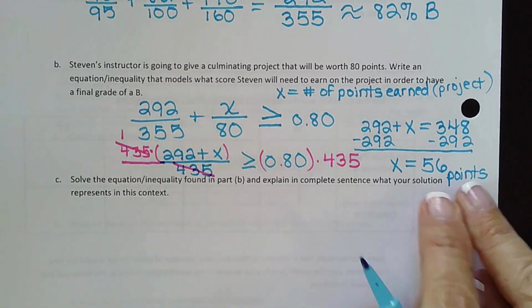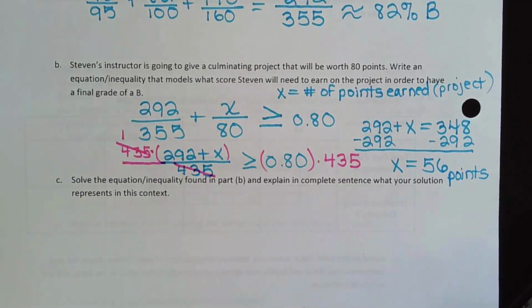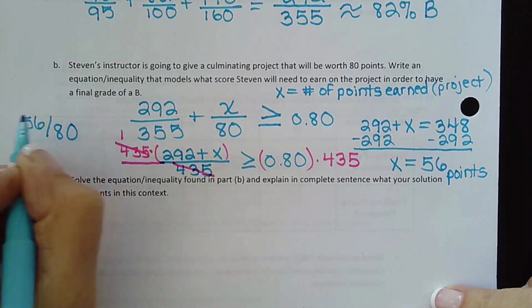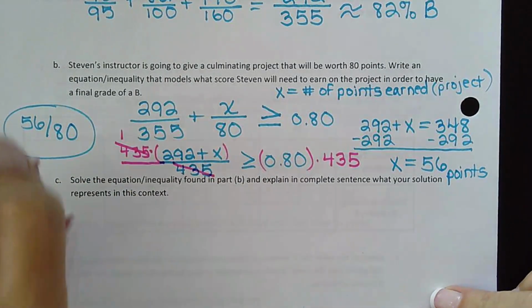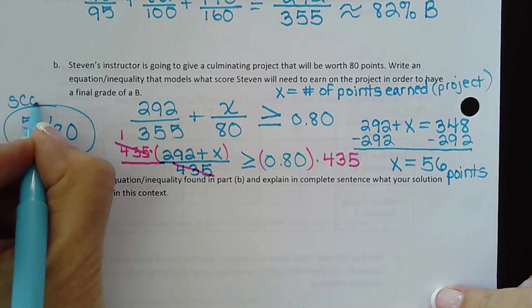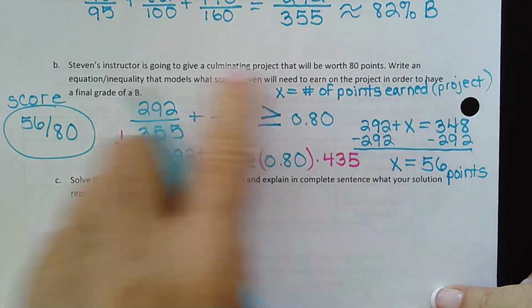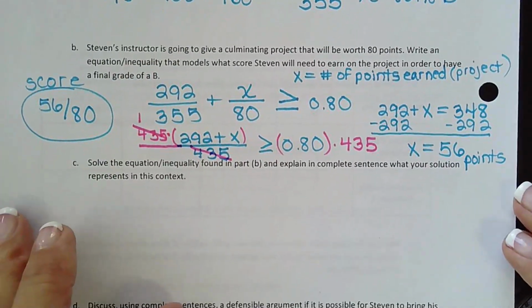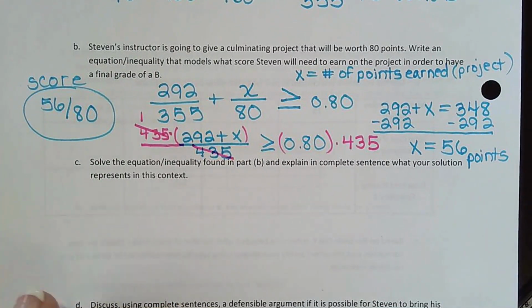They said what score? So he needs to get 56 out of 80. They didn't ask for a complete sentence, so we can just write that. So that must be his score to maintain his B as a final grade in the class.